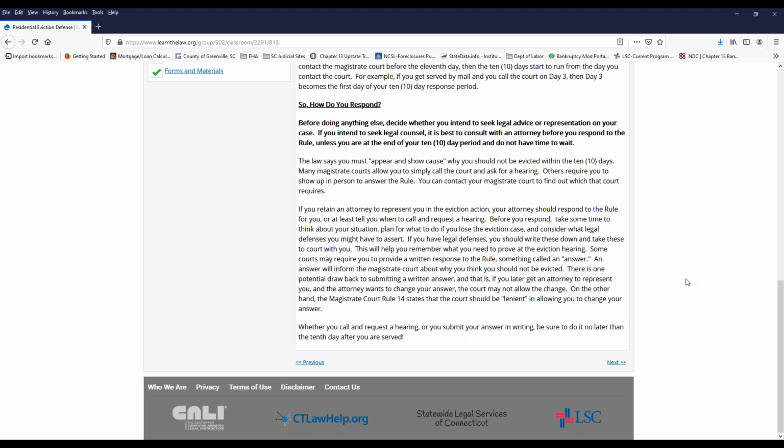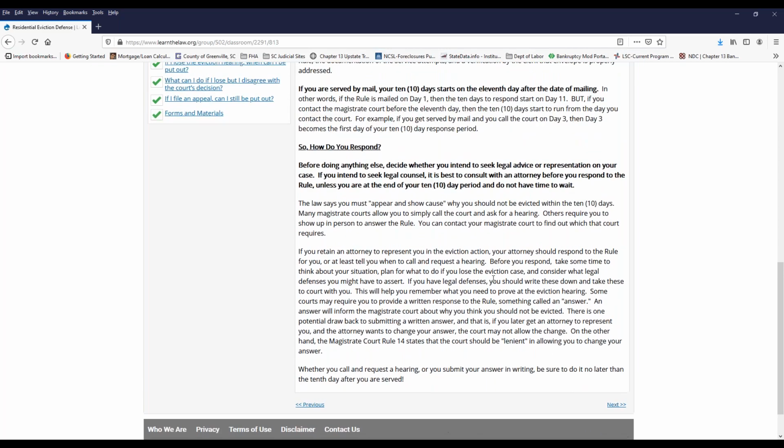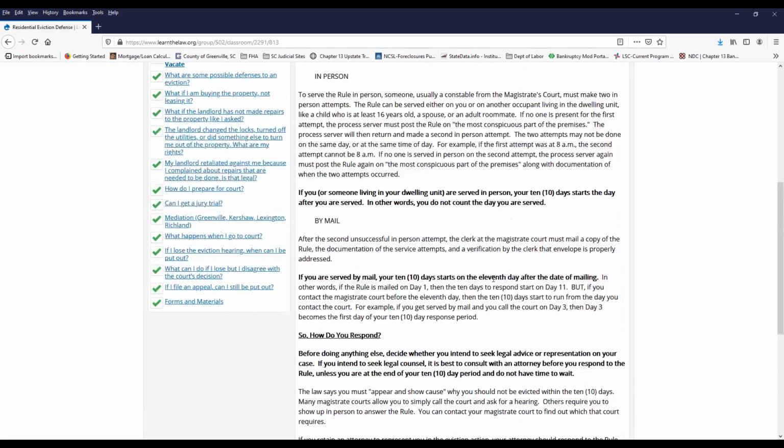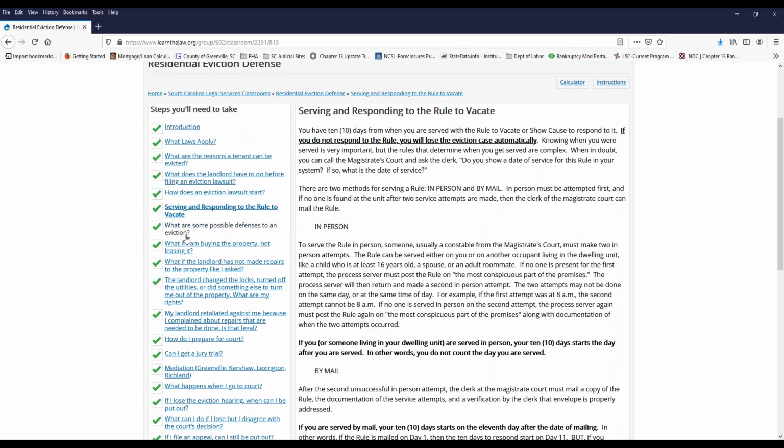But there is a rule in the magistrate court rules that says the court should be lenient in allowing you to change your answer. So this is something of a judgment call. And it also depends on what the magistrate courts require you to do in your jurisdiction in terms of either submitting a written answer or not.